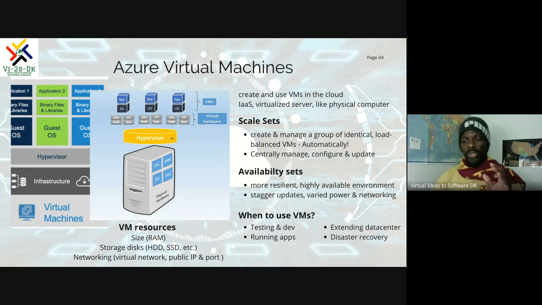On that hypervisor, you can decide and allocate. Say, I'm going to allocate this amount of CPU, this amount of disk space, this amount of RAM to run, say, Linux operating system. Allocate another one to run Windows operating system, and allocate another one to run maybe another version of Linux.